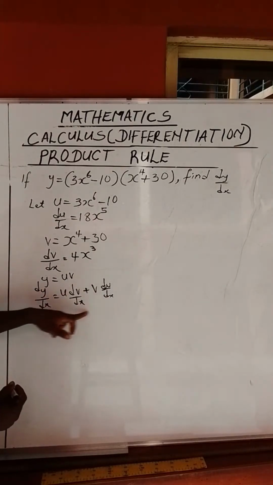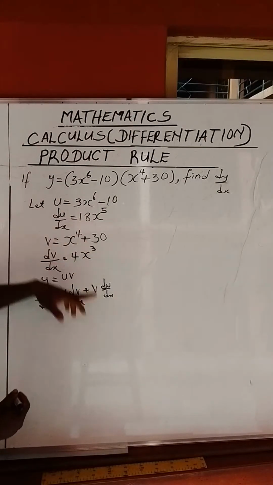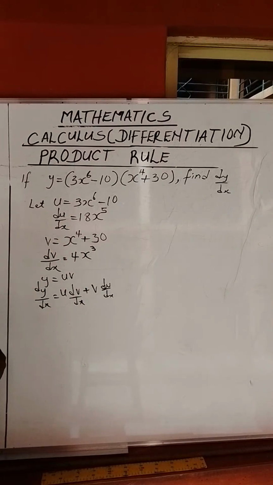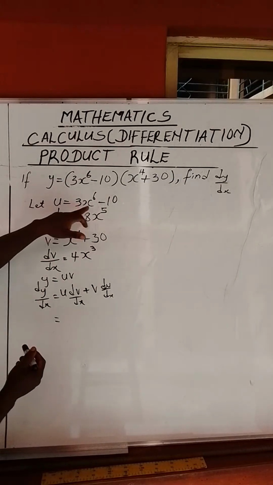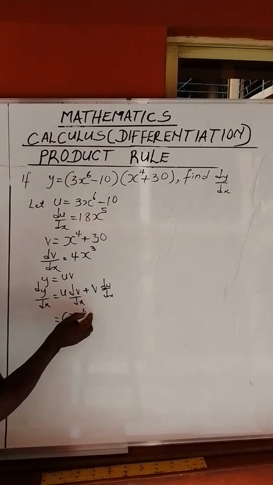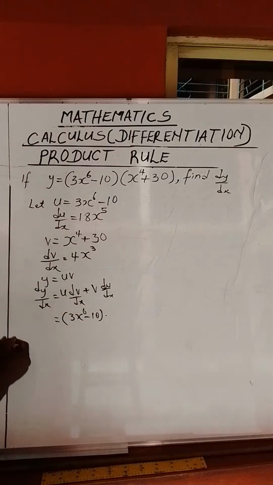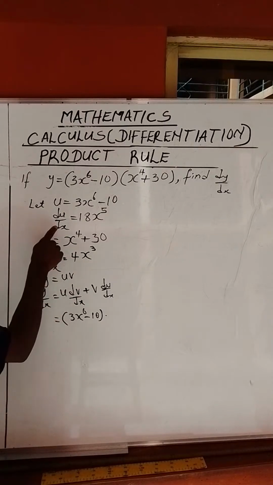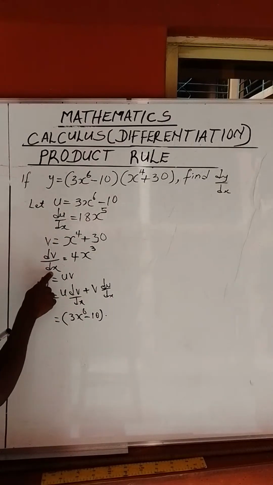So now we are going to apply this. Let's appreciate this formula by using it to solve this problem. Now we are going to write u. Our u is 3x raised to 6 minus 10. We open our bracket and write 3x raised to 6 minus 10. Then we get our dv/dx, which is 4x raised to 3.